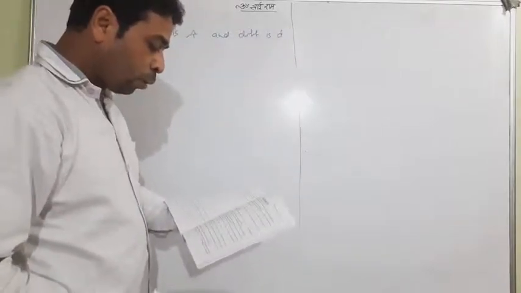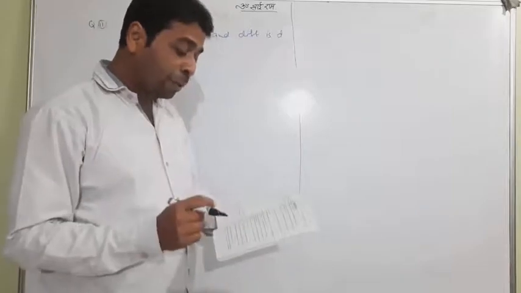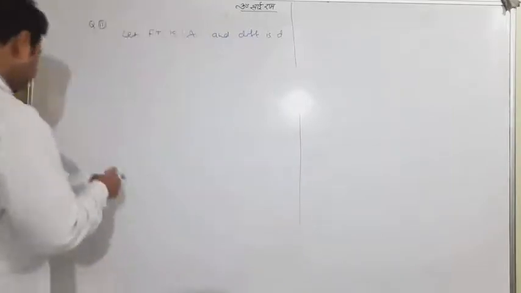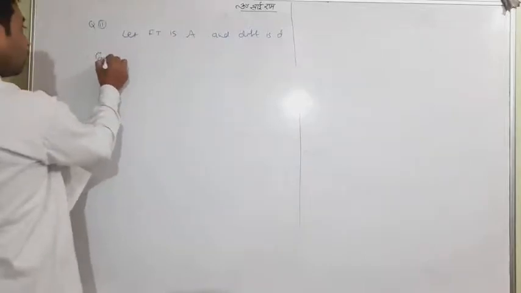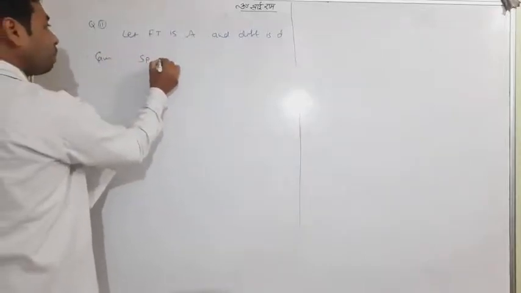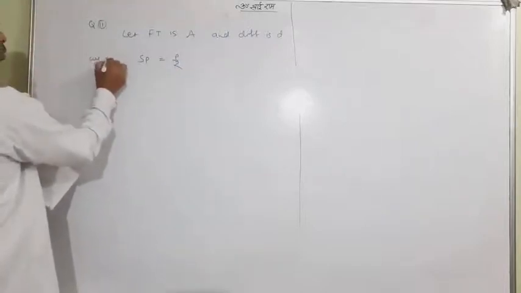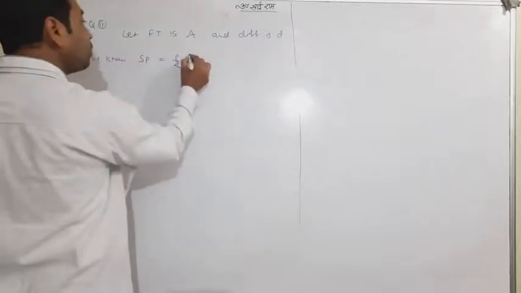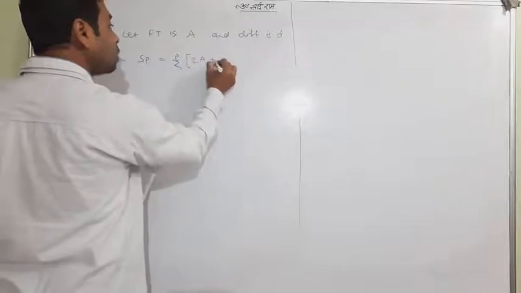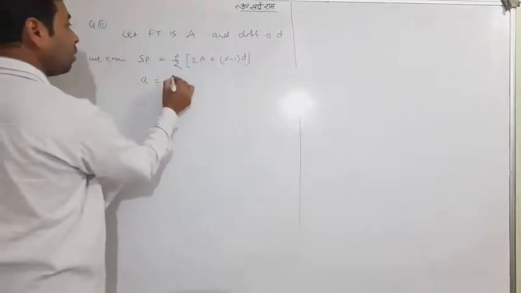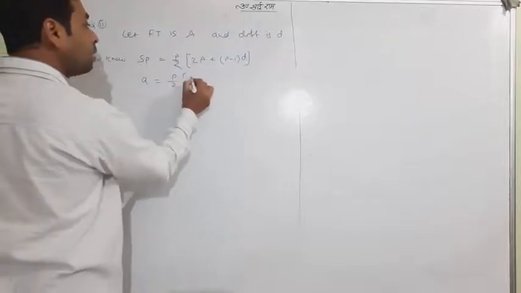Now the question says the sums of the first p, q and r terms are a, b and c. The sum of the first p terms is p by 2 into 2A plus p minus 1 into D, which is given as a.